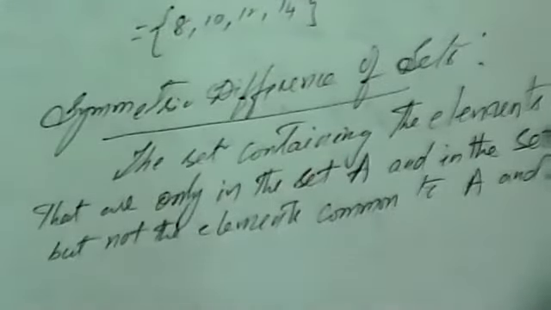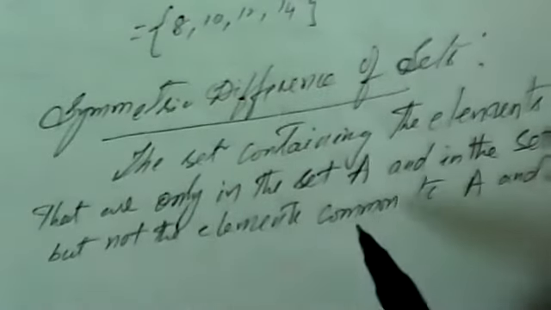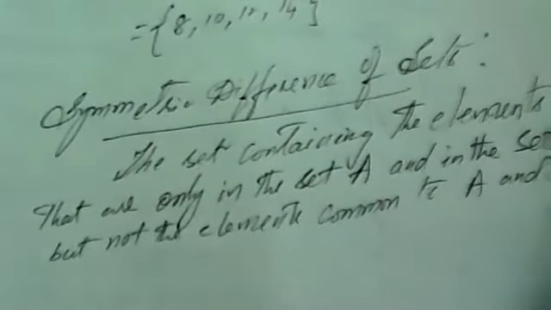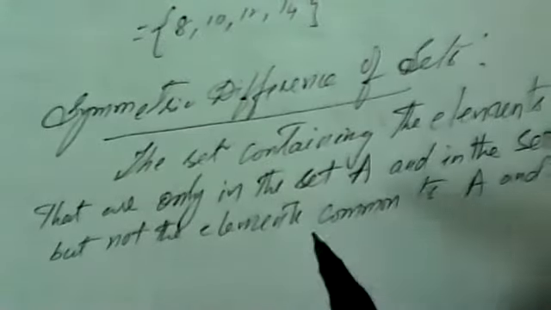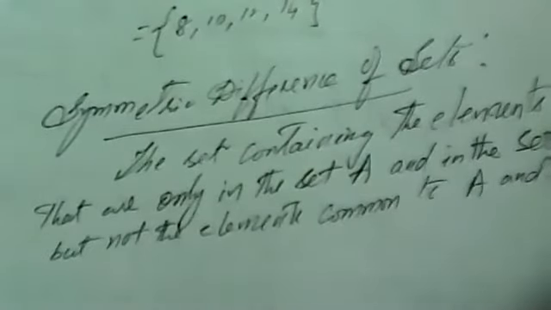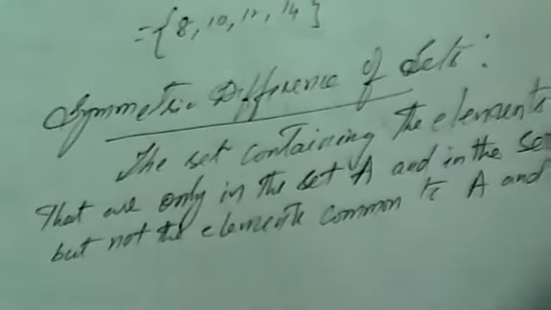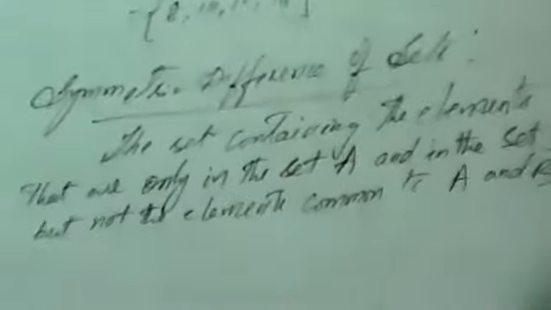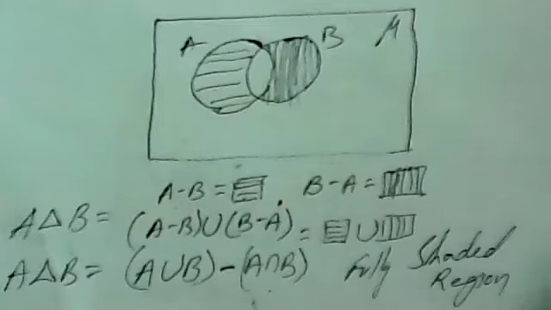Clear? So the set containing the elements that are only in the set A and in the set B, but not the elements common to A and B. Okay? This is the symmetric difference. So all of you first write down the definition. Note this down, all of you.